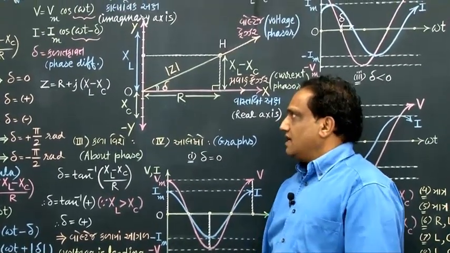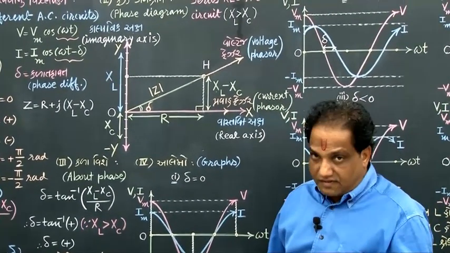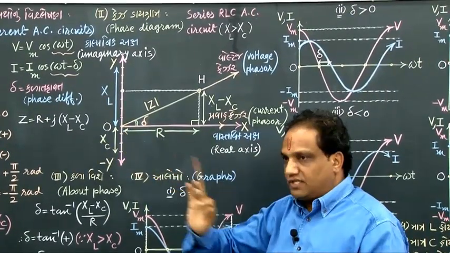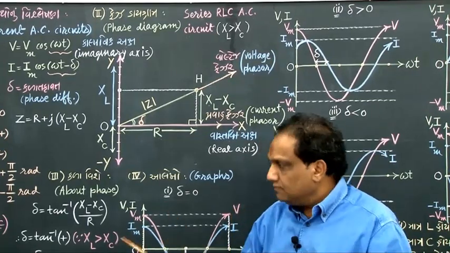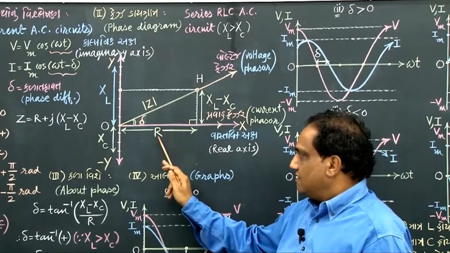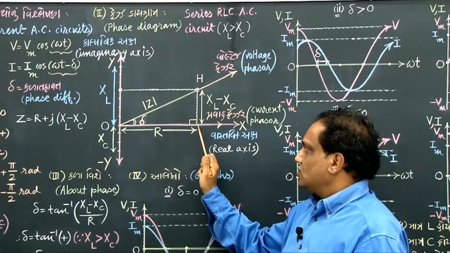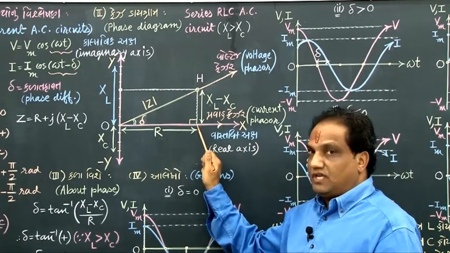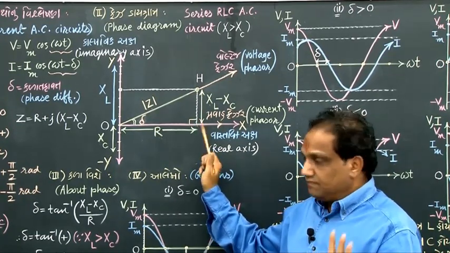Now, come back to this phasor diagram. Only R is there. These two are not there, so don't show XL, don't show XC. Only resistance is to be shown. You can select any value of R, and where the value of R gets over, at that very point you can write capital H, which gives you the hybrid point.